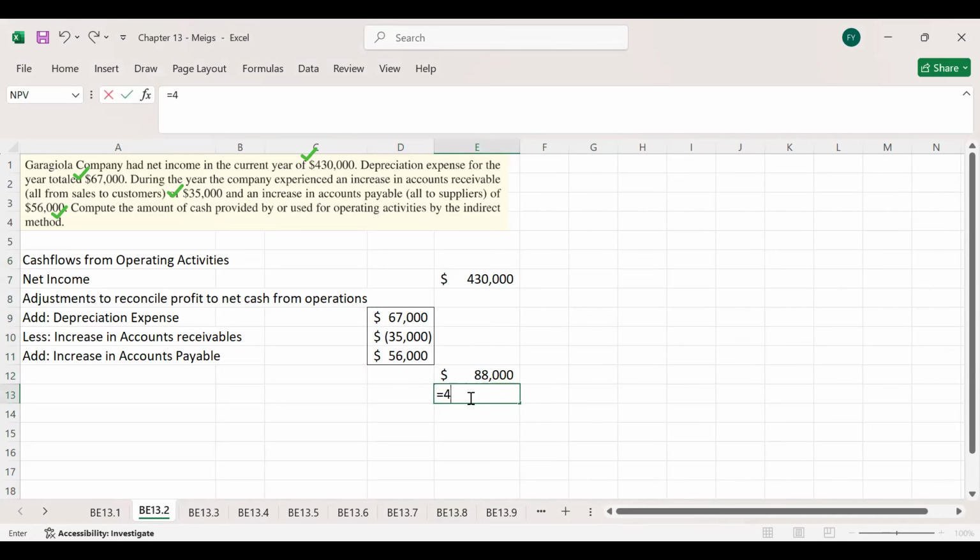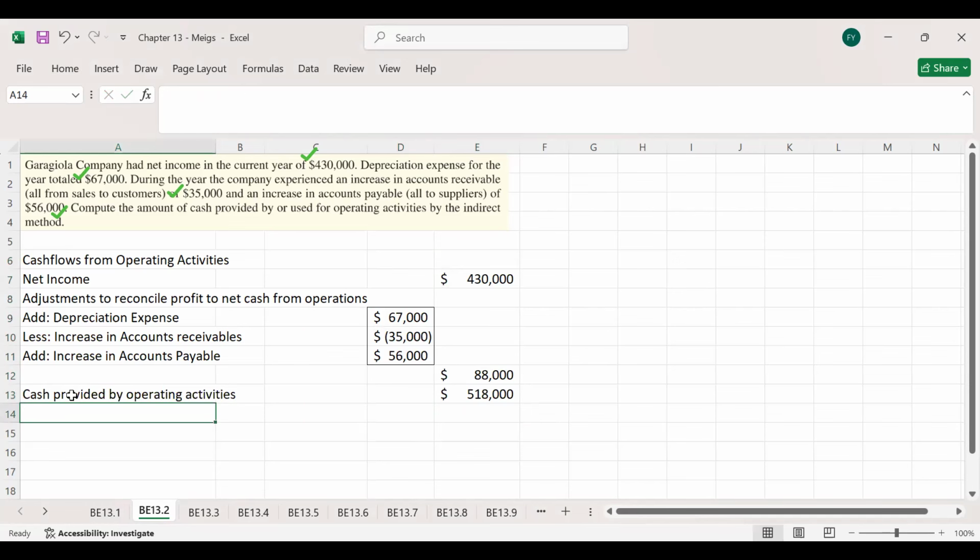So we have $430,000 plus $88,000. So the total cash increase is $580,000. This is the cash flows provided by operating activities.